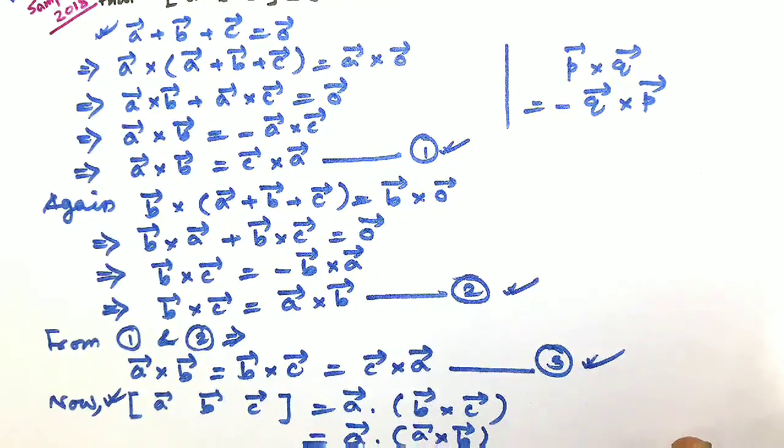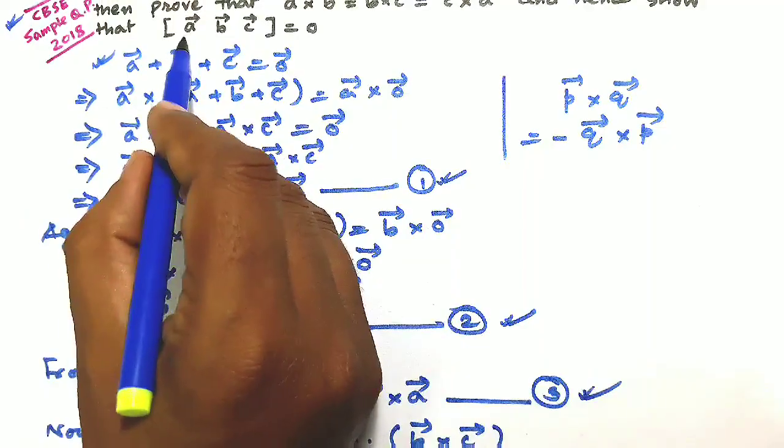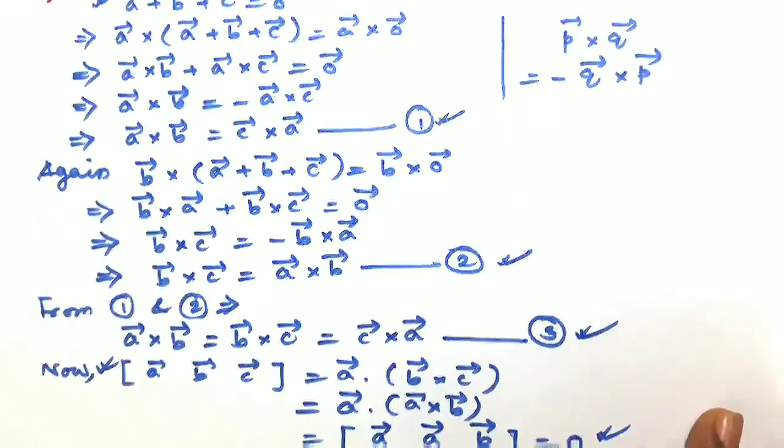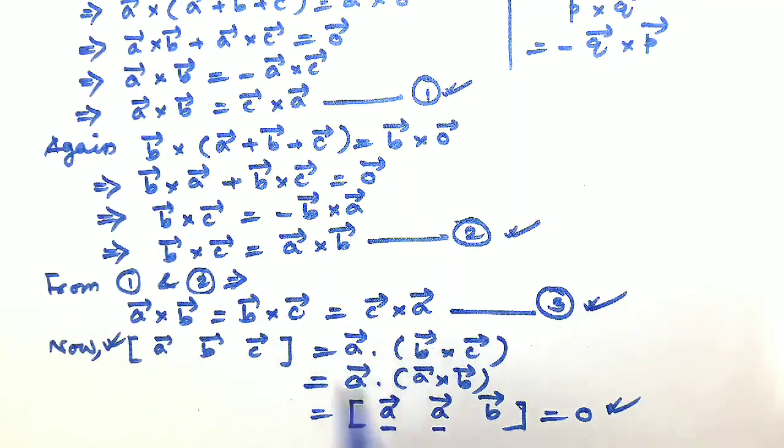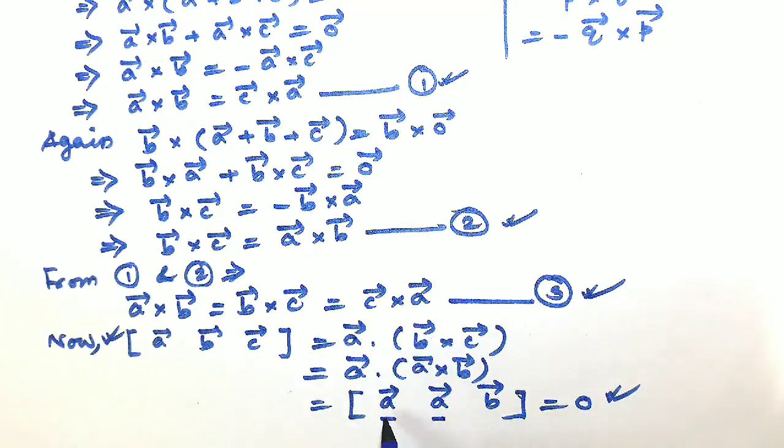And finally we have found the scalar triple product of ABC, and we know the notation, the box of ABC is equal to A vector dot B cross C vector, and since B cross C vector is equal to A cross B vector, so we have replaced this one by A vector cross B vector. Finally we are getting A, A, B vector, and this is obviously 0 since scalar triple product of 3 vectors is 0 if any 2 of them are equal.